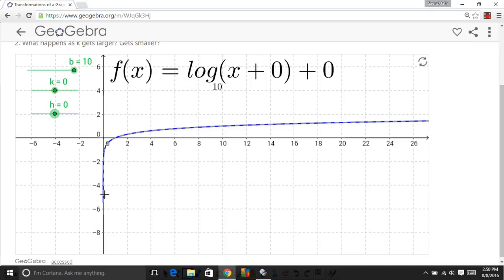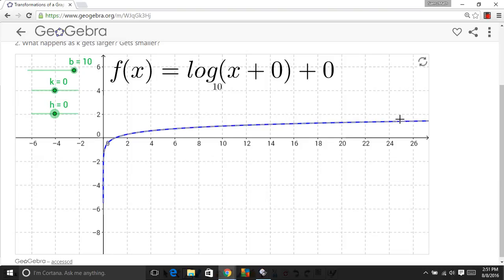Here in blue, we have the original log function. Basically, what this is saying is f of x equals log x, and know that the base is always 10. So in blue, we have just the graph for the log function.